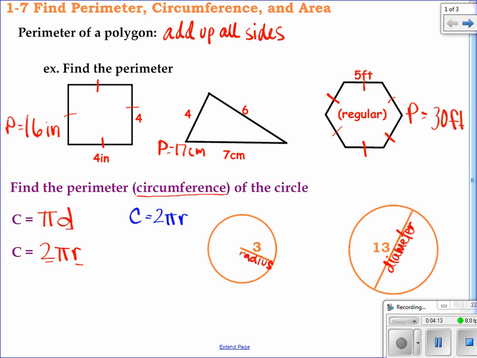What is step 2? Put the numbers in that we know. And the last step is to give the answer. Now, you do need to use your pi button on these.